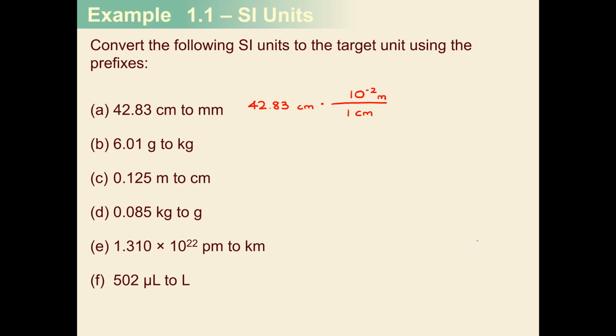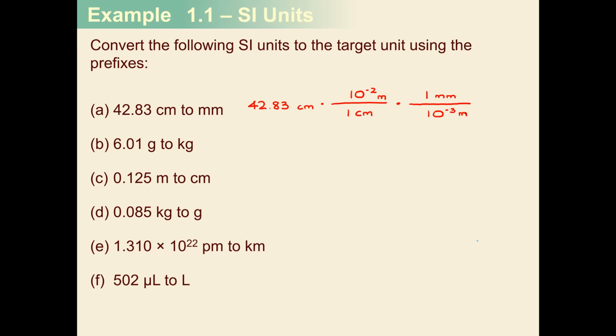Notice that my non-standard unit gets the 1, while my base unit gets the exponent. Then if I want to go to millimeters, I have to look at this as 1 millimeter is 10 to the minus 3rd meters.